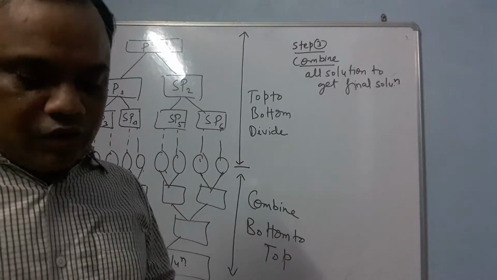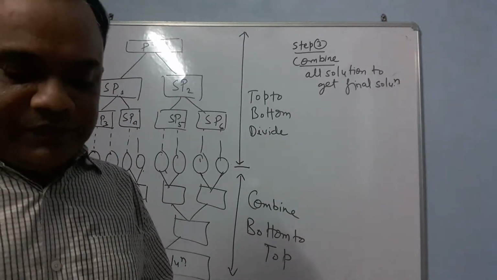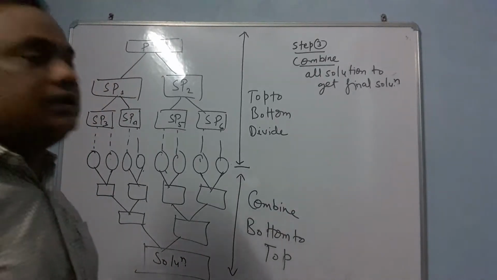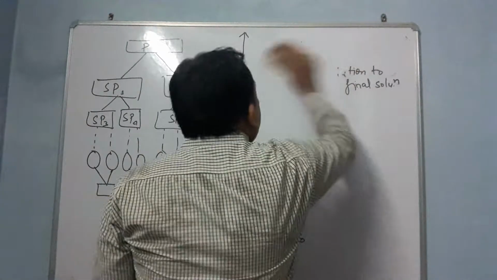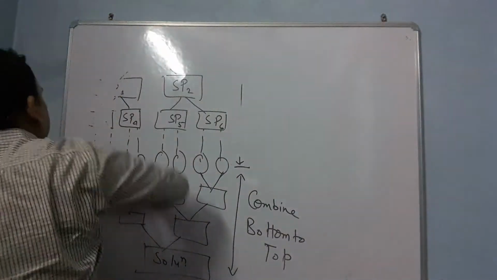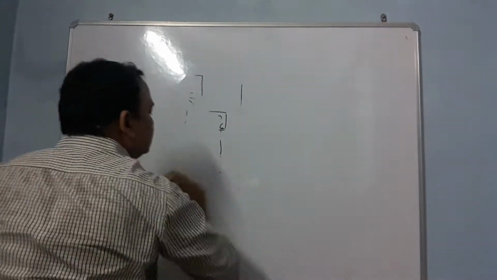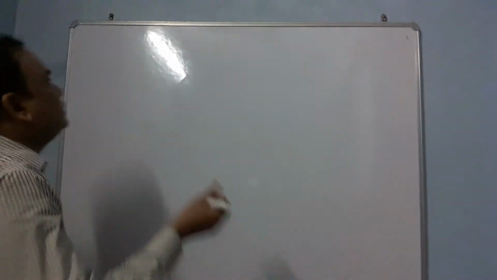So now we take merge sort. Okay, so how we show it here by this diagram, I will tell you. For merge sort, I will take an example.